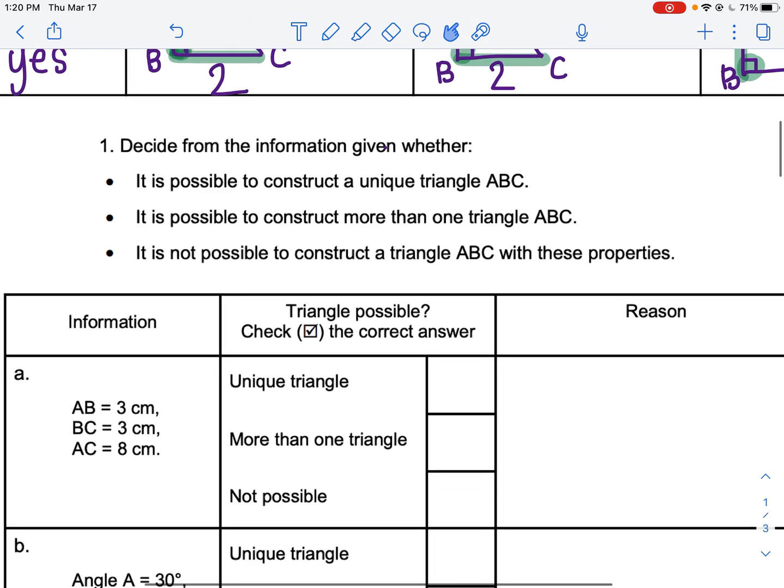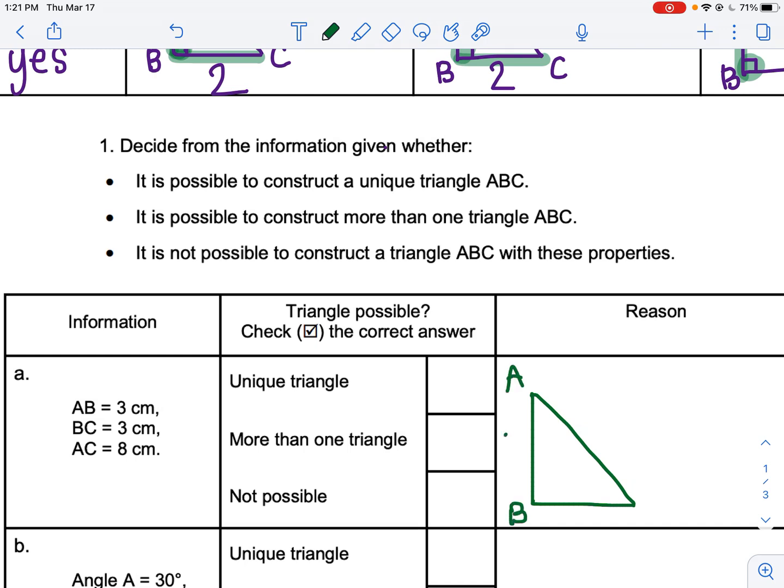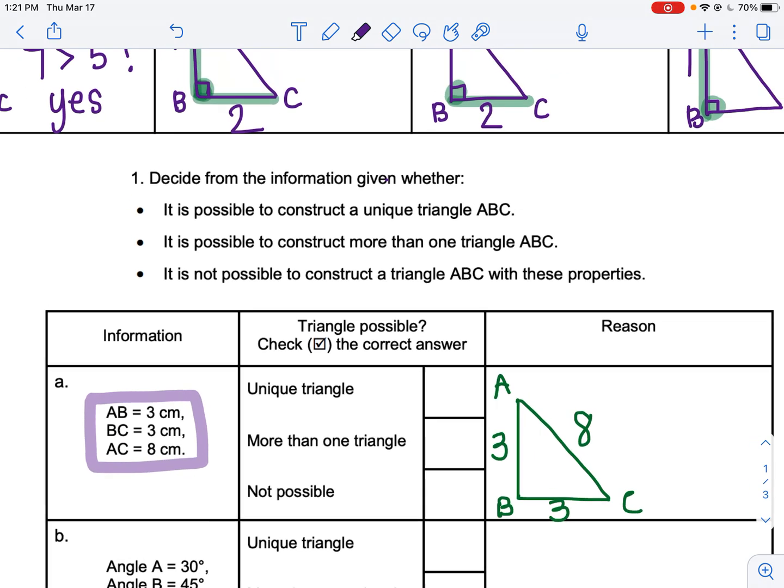So in the very first answer, we have a triangle, and we're going to need to draw that triangle first, and you can see it's using the letters A, B, and C. It has the side AB being 3 centimeters. It has the side BC being 3 centimeters, and it has AC, so the long side at the diagonal, being 8 centimeters.